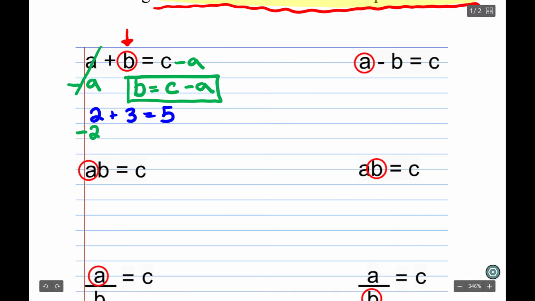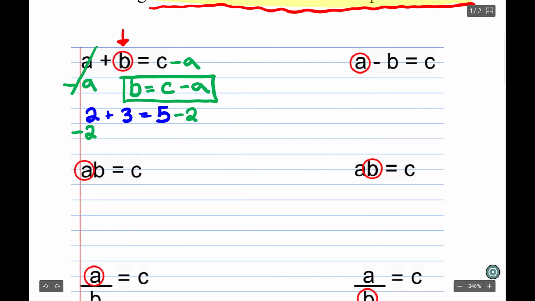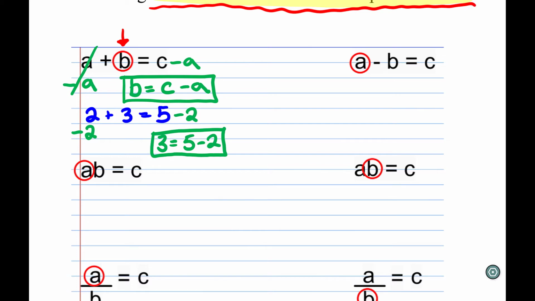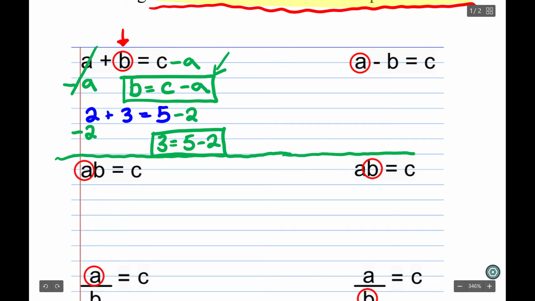If I subtract 2 from here and subtract 2 from the other side, I'm left with 3 is equal to 5 minus 2. That's true. Whatever these values are, whatever's on the left-hand side of the equal sign equates to exactly what's on the right of the equal sign.